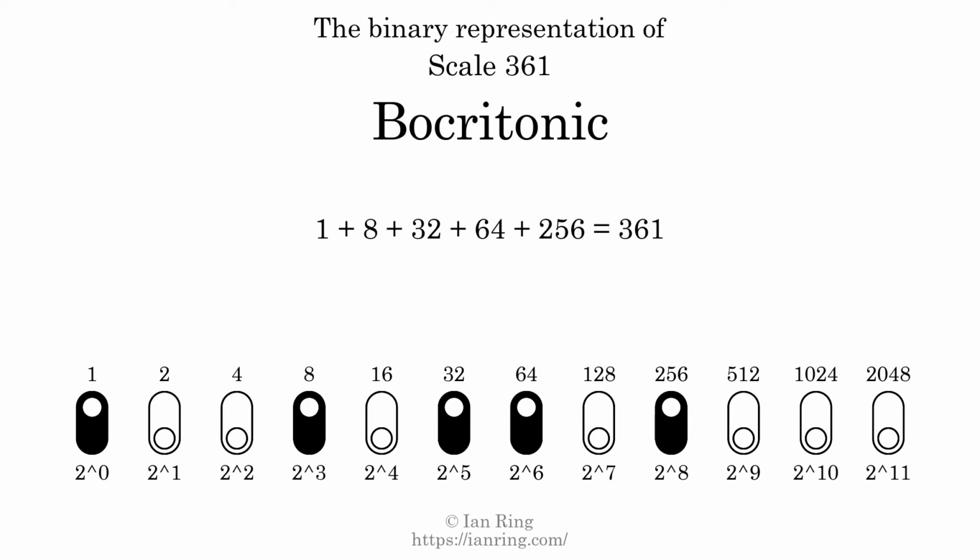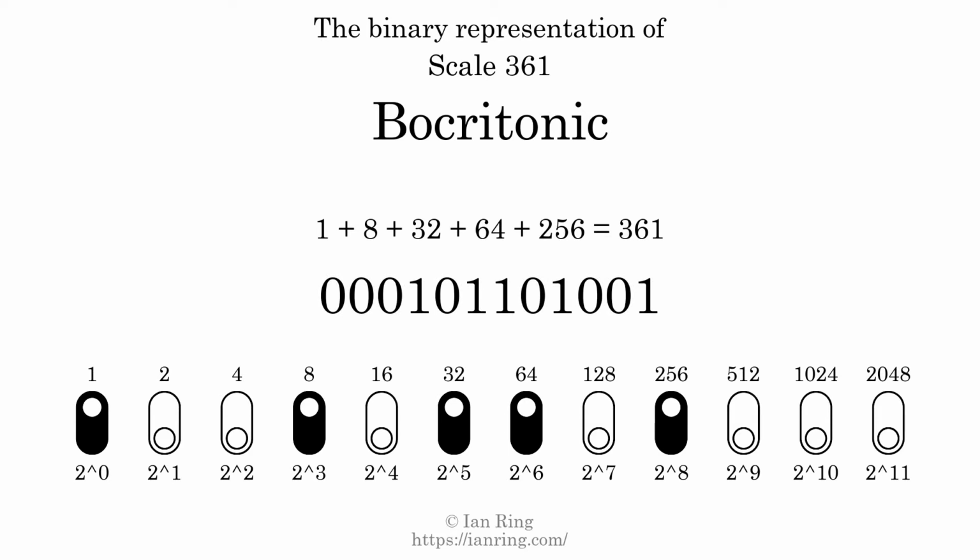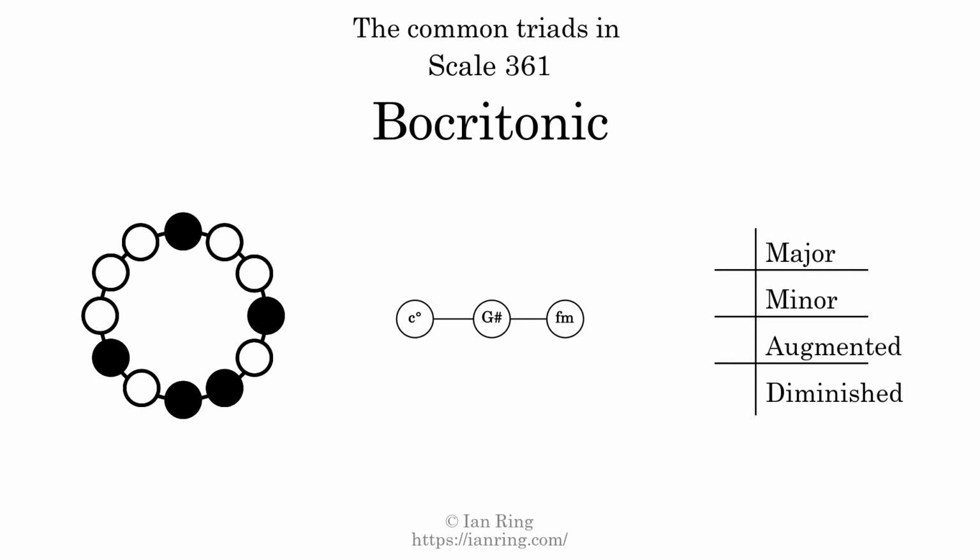That is why the scale number, in decimal, is 361. The scale number not only enumerates the scale with a unique index, but it also literally describes the tonal content of the scale. Represented as a binary number in base 2, the scale number is 000101101001001.